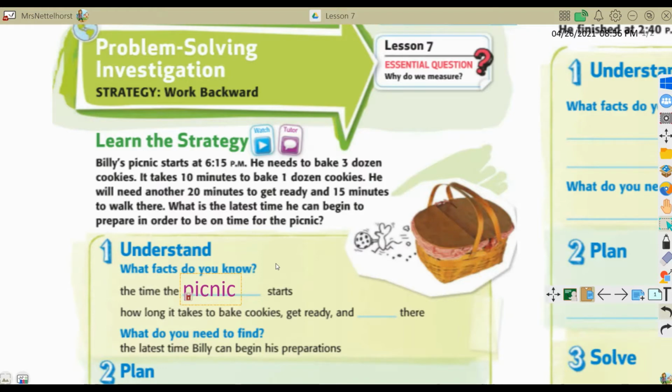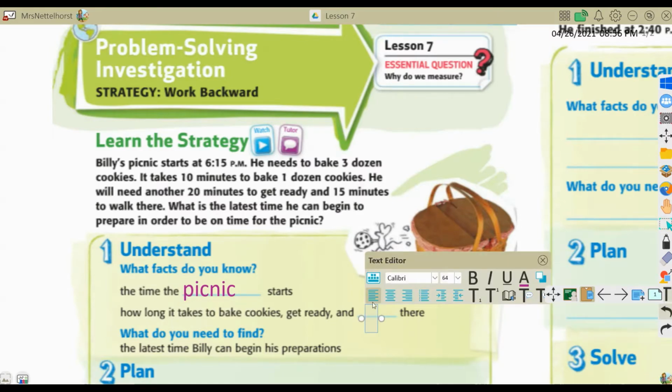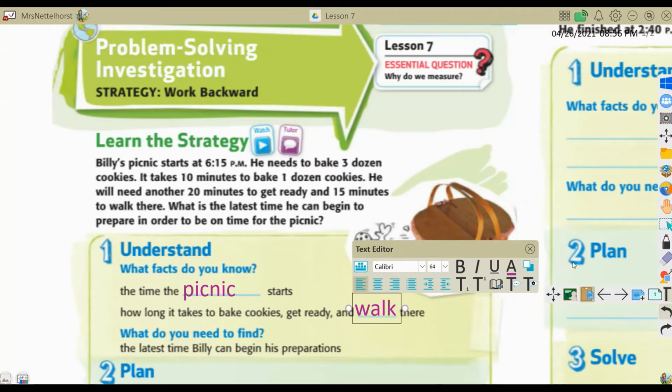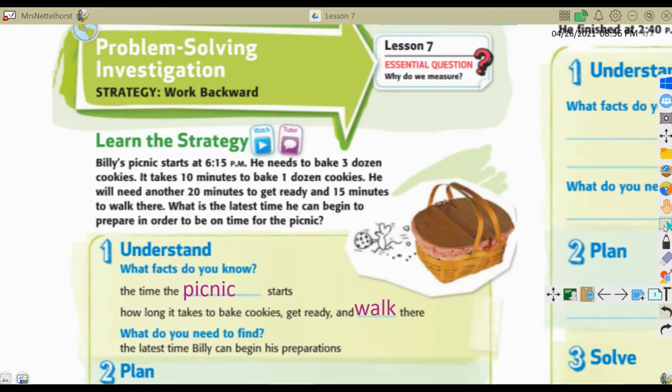And how long it takes to bake cookies, get ready, and walk there. I need to move this out of my way. Okay, what do you need to find? The latest time Billy can begin his preparations.